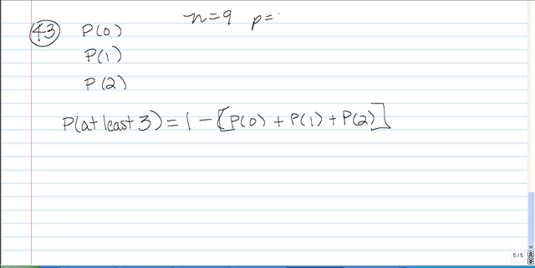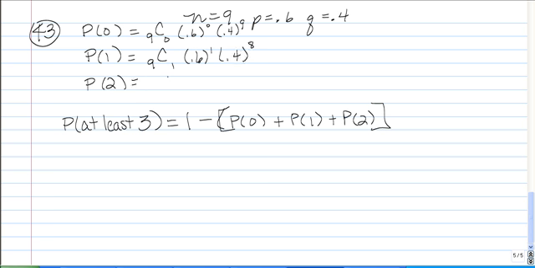The probability of success was 0.6, and the probability of failure was 0.4. So this is going to be combinations of 9 taken 0 at a time, 0.6 raised to the 0 times 0.4 raised to the 9. Then 9 taken 1 at a time, 0.6 raised to 1, 0.4 raised to the 8. And finally, combinations of 9 taken 2 at a time, 0.6 squared times 0.4 to the 7th.